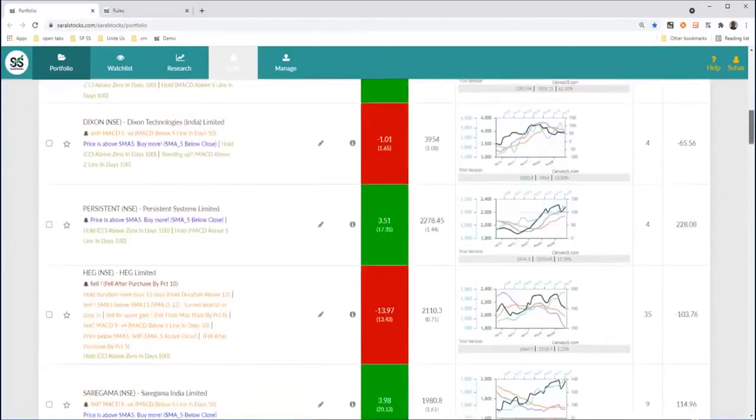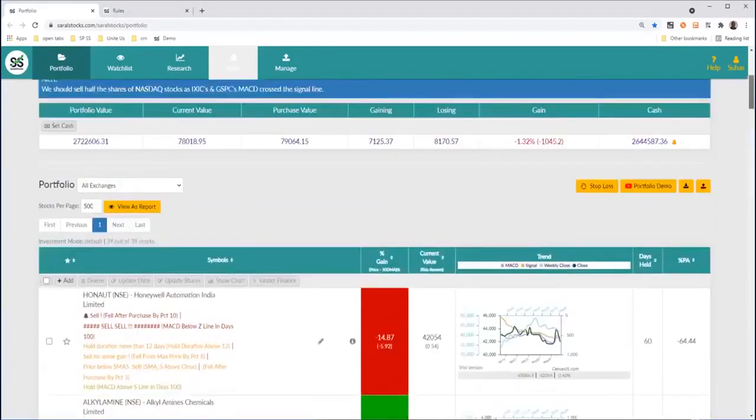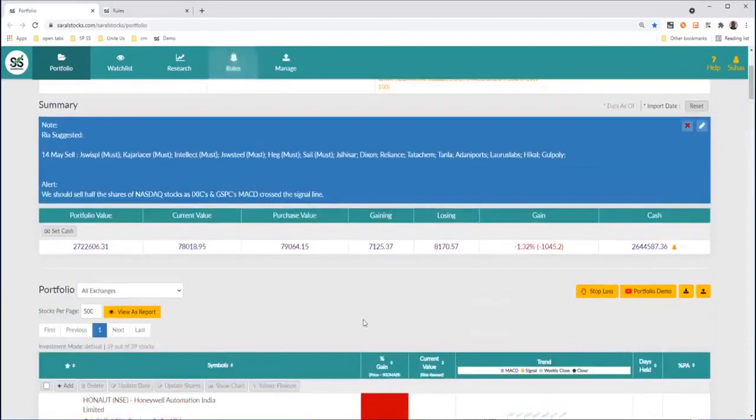So this can be a way of comparing trends easily for multiple stocks to get a feel for the portfolio at a glance. Persistent in about 4 days has risen by about 3%. So in a year's time frame, it will grow by a certain percentage.